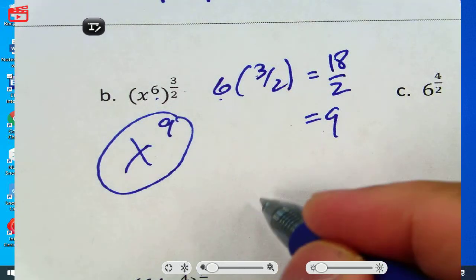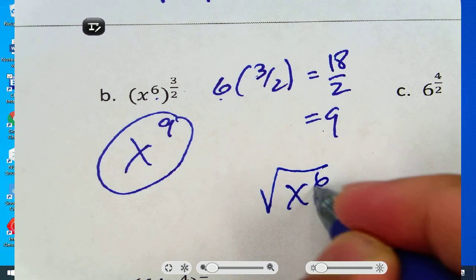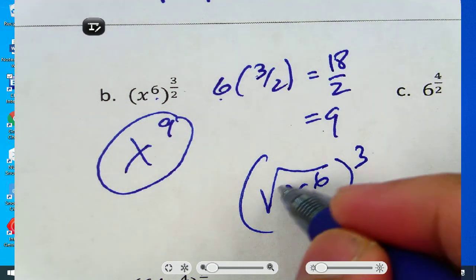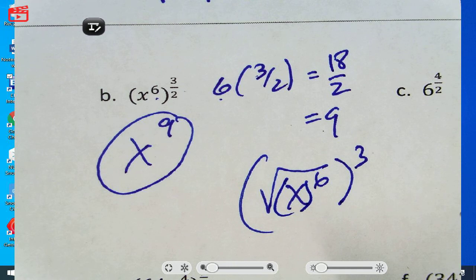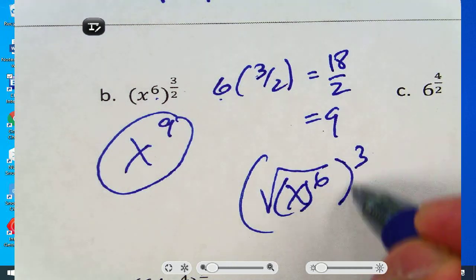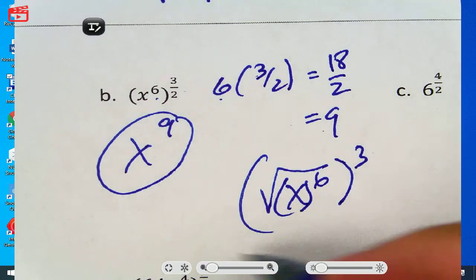Like that? Yeah. Well, you still need this one. If you're going to put the 3 on the outside, you need that.